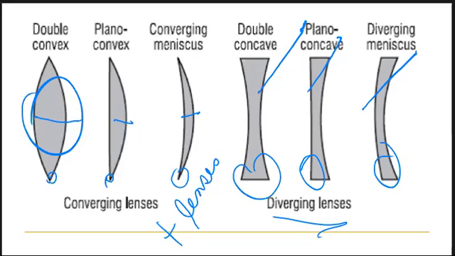Now, how do these work? Diverging lenses have negative focal length. So take note: negative focal length.